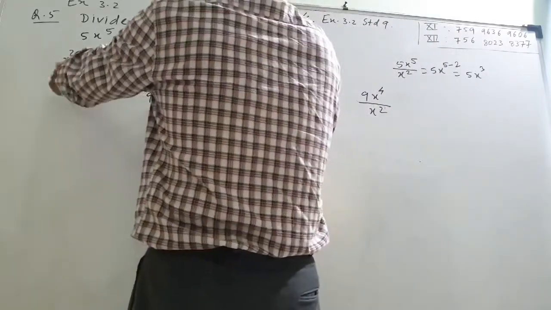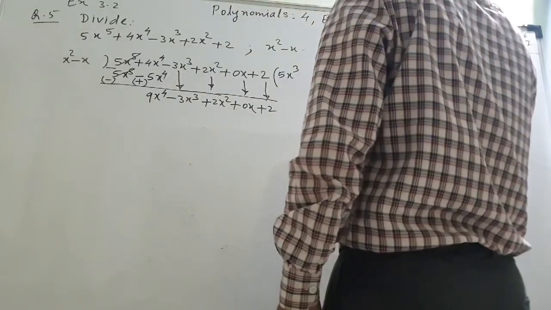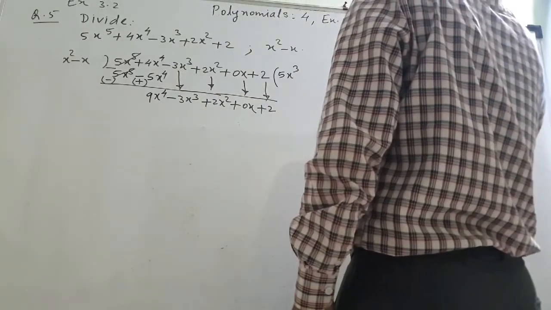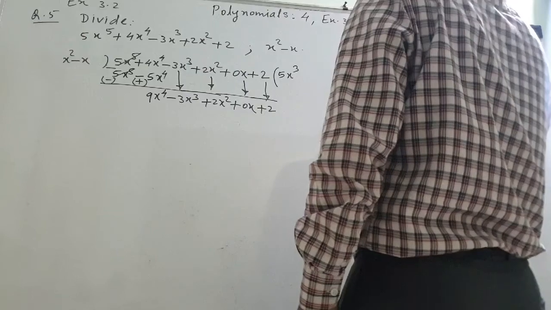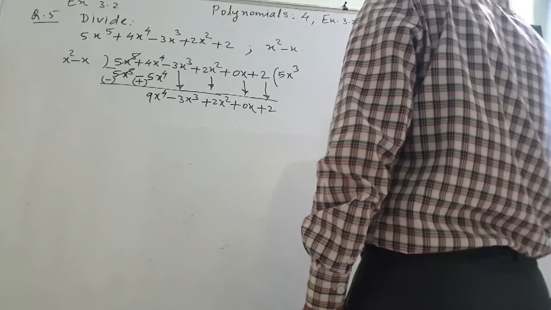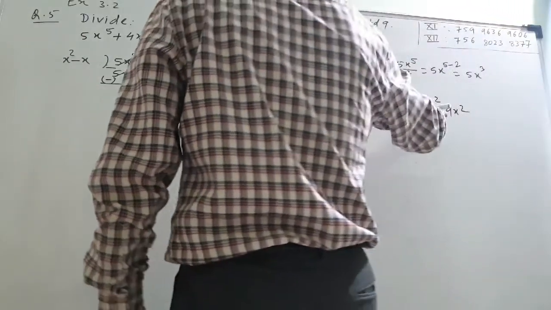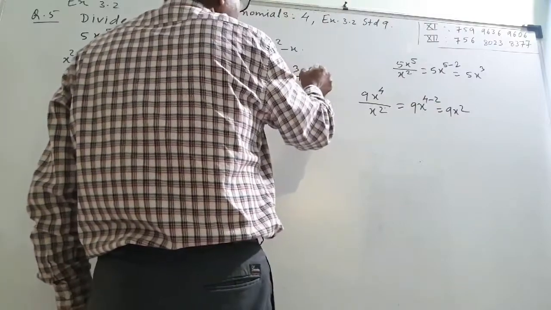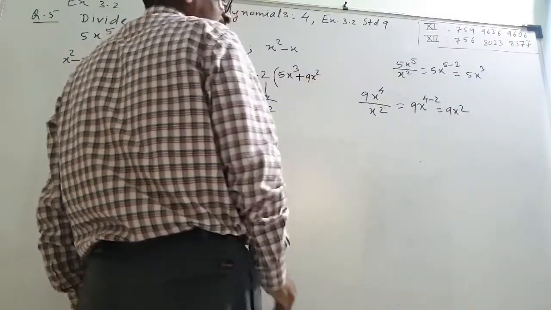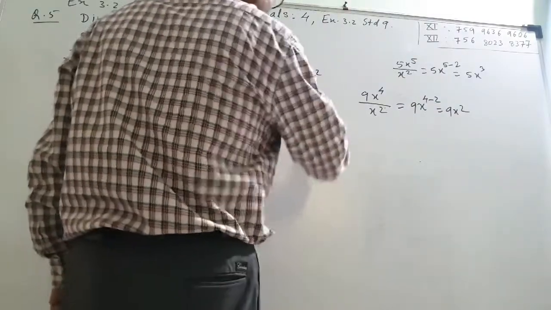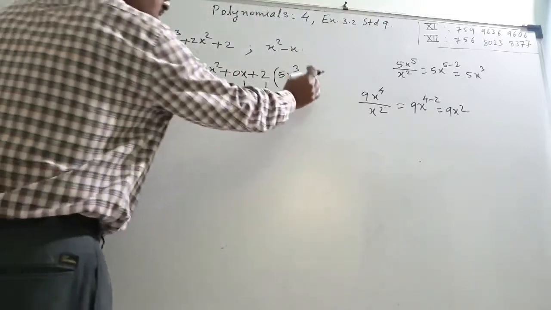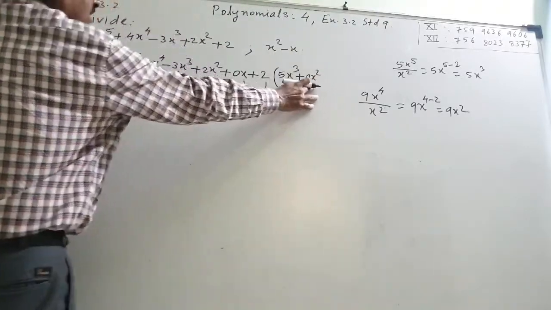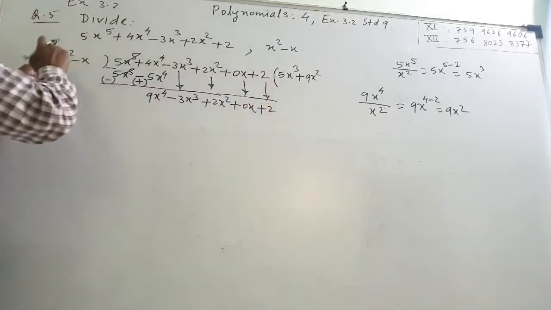This is known as the first law. First law means first upon first. This 9x raised to 4 minus 2 is equal to 9x square. So plus 9x square is the division I have written here. Now this into this into this.